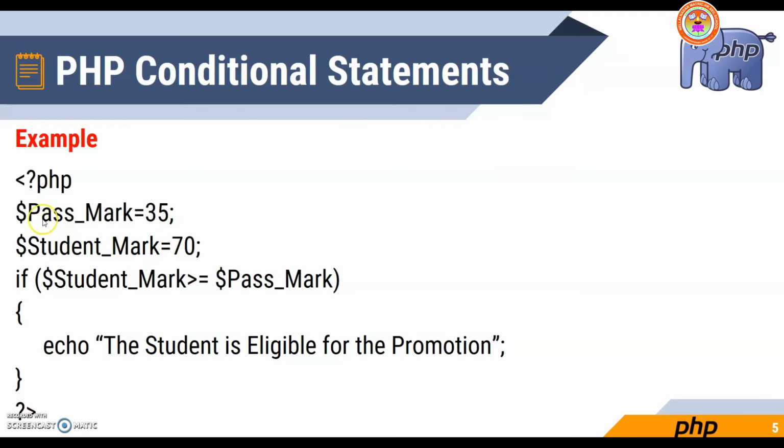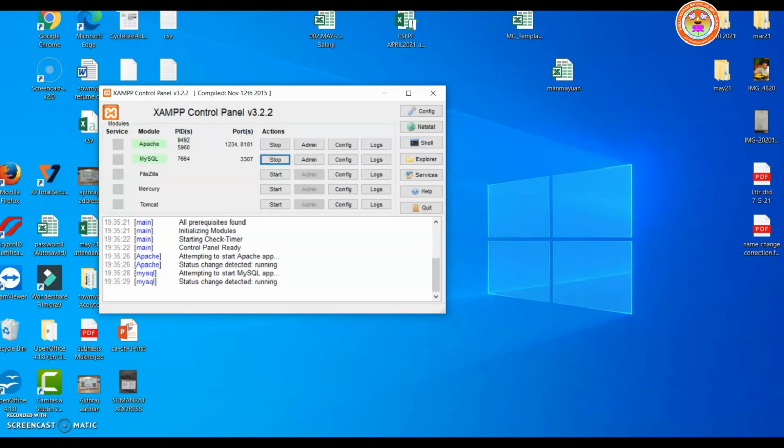Now we will see it as a practical. To execute any PHP program, you have to run the XAMPP server. For that, you have to open the control panel of the XAMPP server.